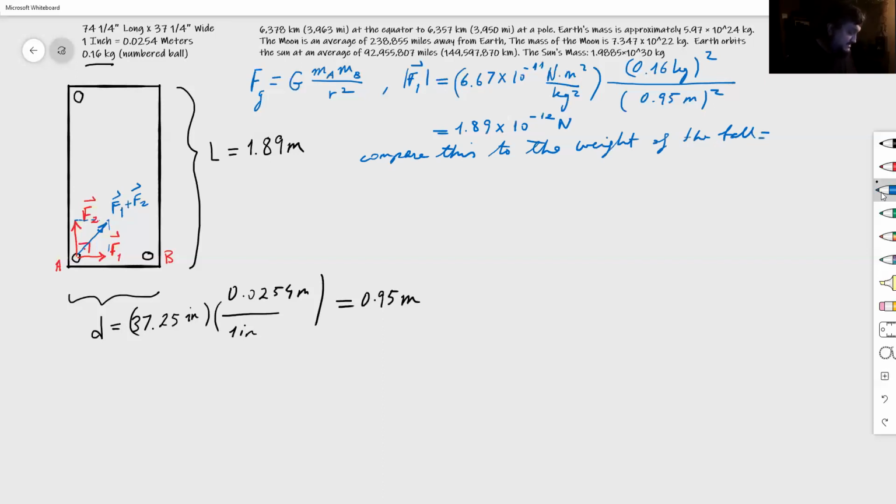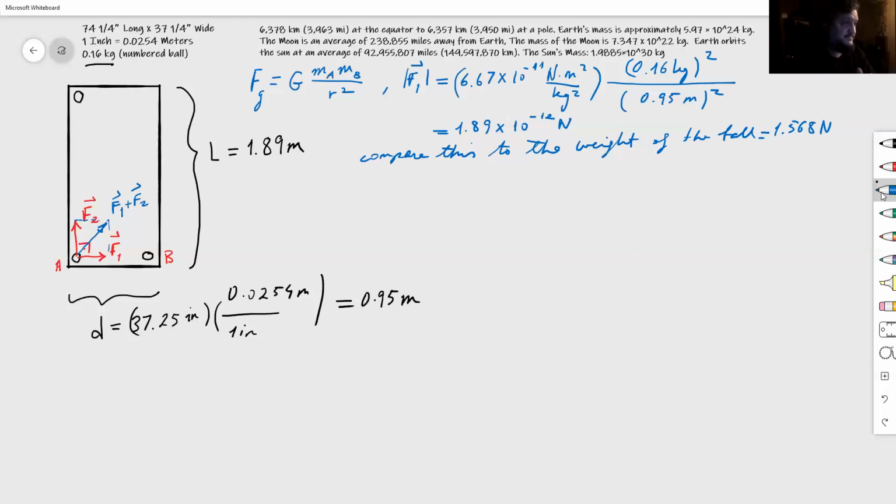The actual weight is about 1.568 newtons. That's how large compared to these forces we are dealing with. But it's okay. That's F1. Now remember, that's the force ball B attracting ball A with. Similarly, ball A will attract ball B with exact same force, only in the other direction, of course.